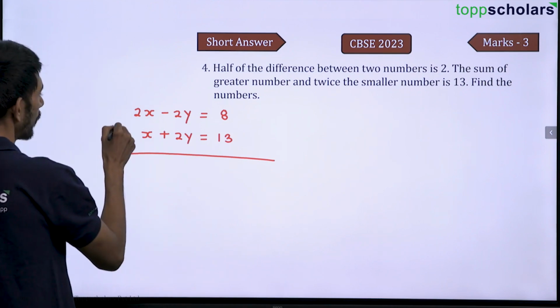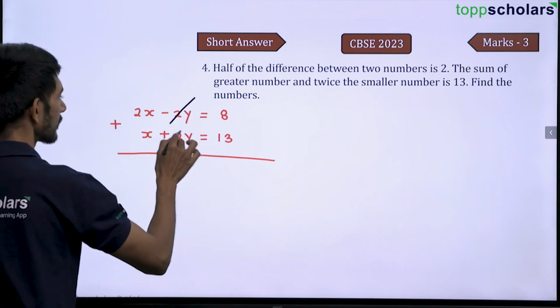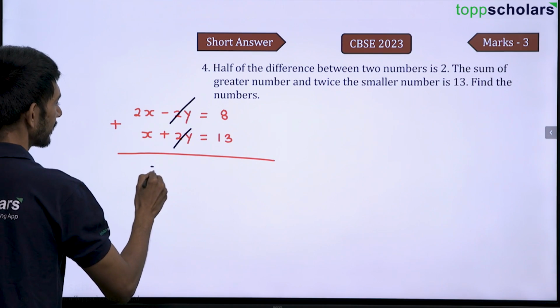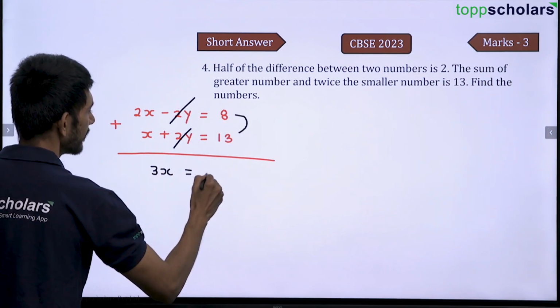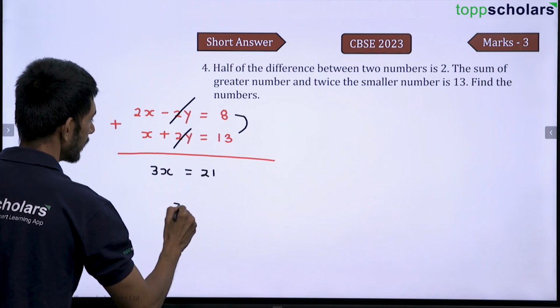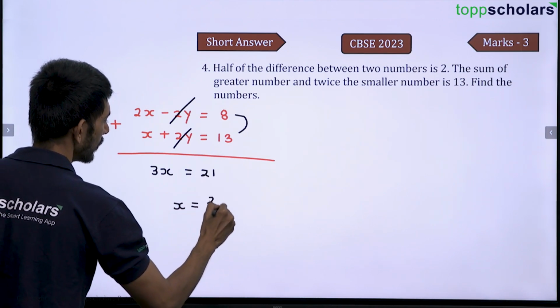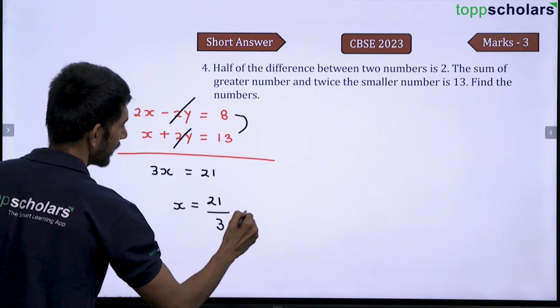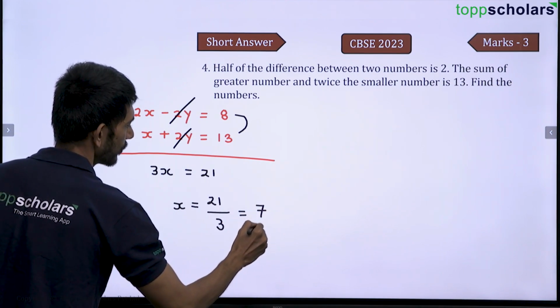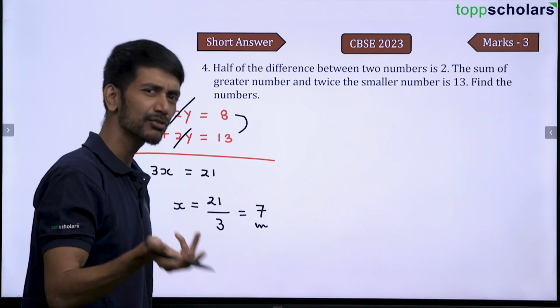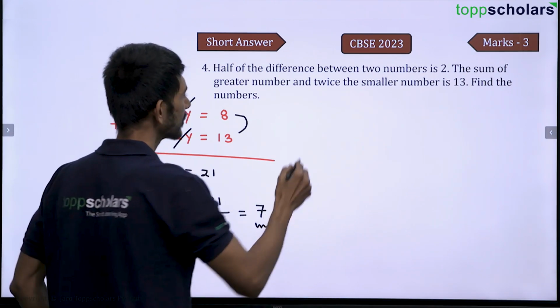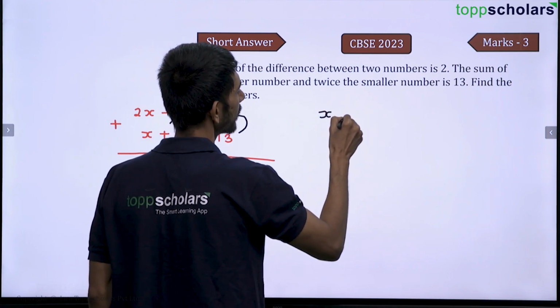Right? Now what if I add them? 2x plus x is 3x. 13 plus 8 is 21. So x will be equal to 21 divided by 3. So x will be equal to 7. Now put the value of x over here in any of the two equations of your choice. x plus 2y is equal to 13, right?